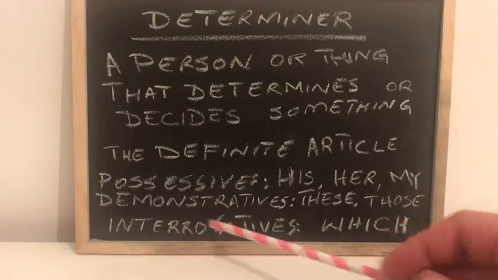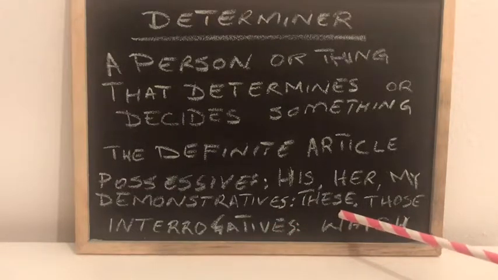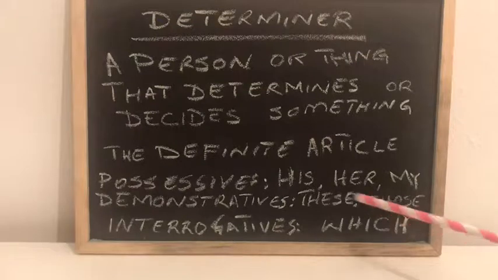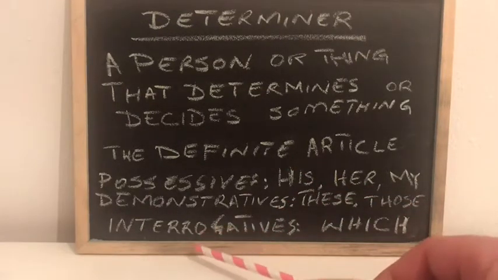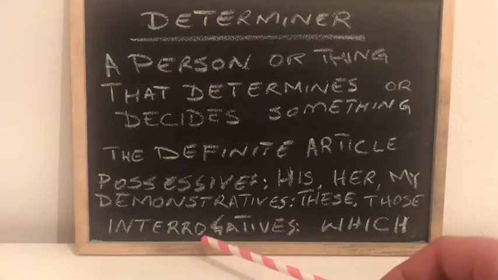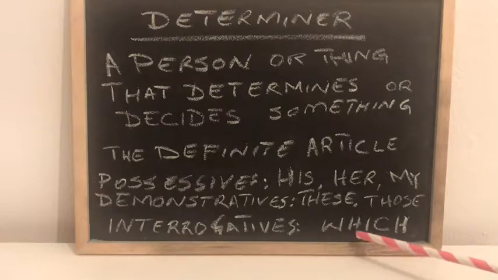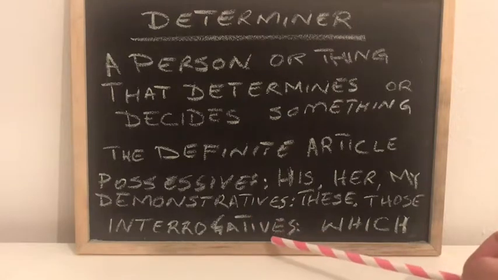Then demonstratives. These are these, those, this, that. They're all examples of demonstratives. Then comes interrogatives. The example is which. Which is an interrogative determiner.